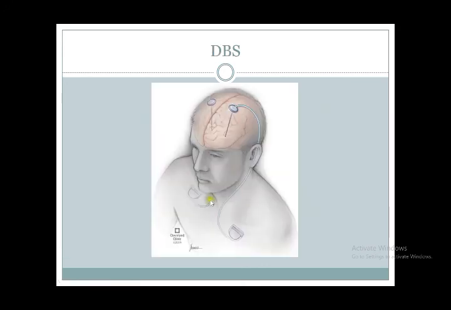As you can see here, the electrode is placed inside basal ganglia structures. In Parkinson's disease, usually the subthalamic nuclei are chosen. They are basically the targets of DBS procedures, and this wire comes and is attached to this pulse generator or stimulator that is placed subcutaneously under the clavicle.